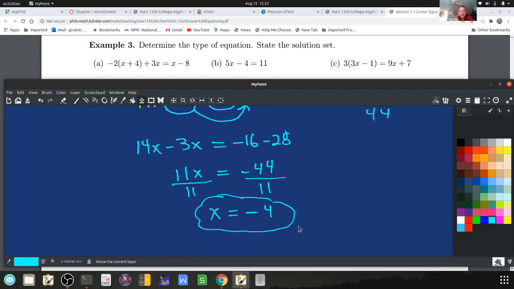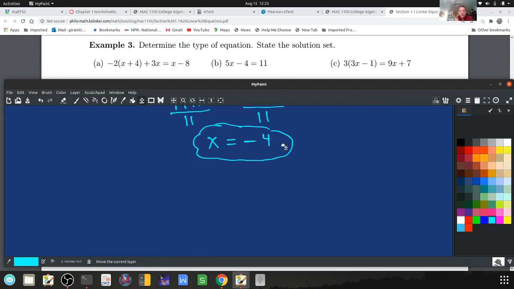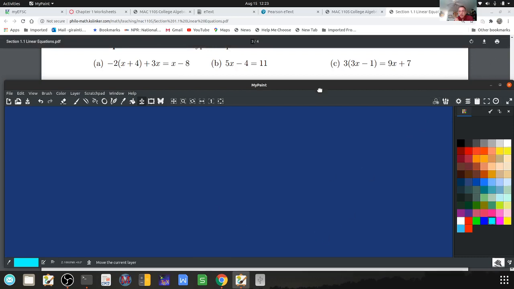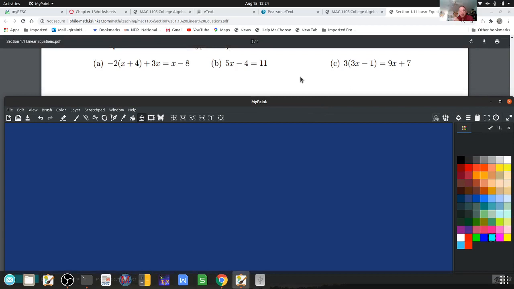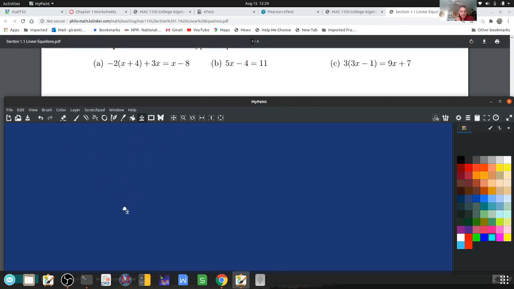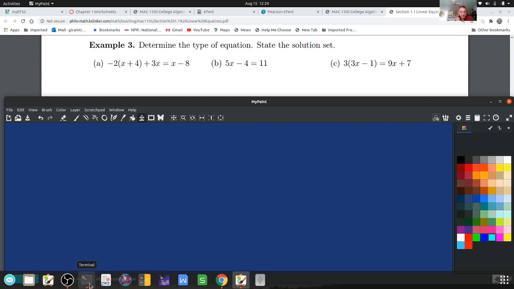So again, if you don't know what you're being asked to do, you have to go back and read the definitions. So let's just work on number 1. I'm going to do number A and number B, and then you all can do number C.